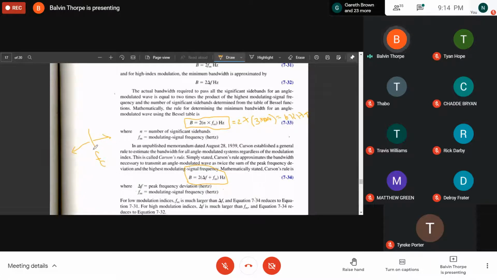So this is FC, and from here to where it stops is delta F, and the lower side would also be delta F. So the peak deviation, not peak to peak, the peak deviation is from here to here. That's a peak deviation.